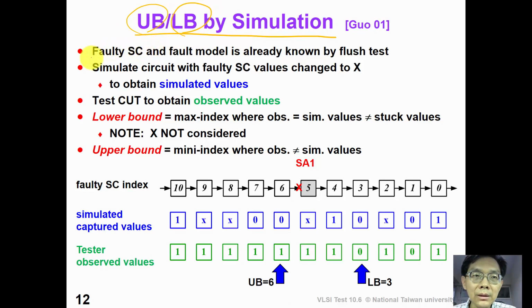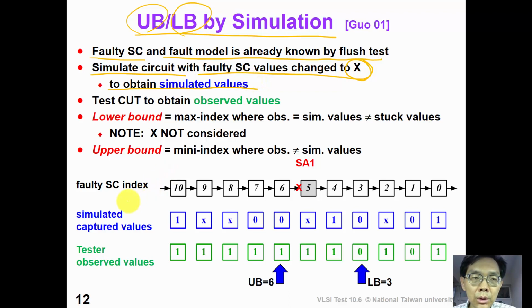We assume that the faulty scan chain and the fault model are already known by the flush test. So we can perform a circuit simulation where the faulty scan chain values are all changed to unknowns X. In this way, we can obtain simulation values.